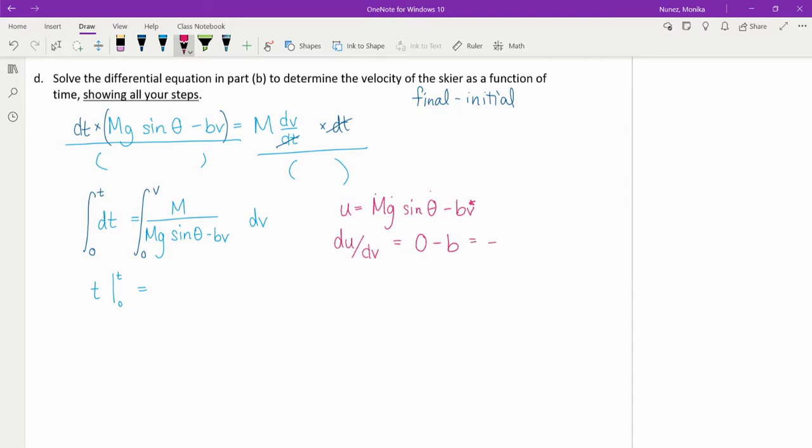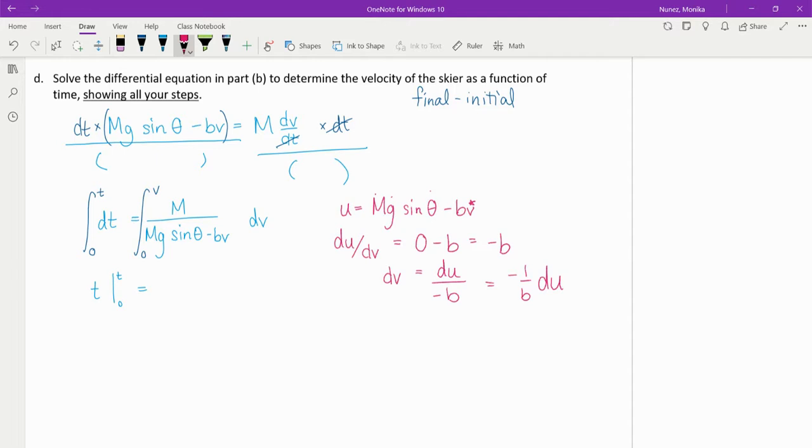So 0 minus b is just negative b. If I do a little bit of algebra, I can find that the quantity dv is equal to du divided by negative b. Or another way of writing that is negative 1 over b times du.